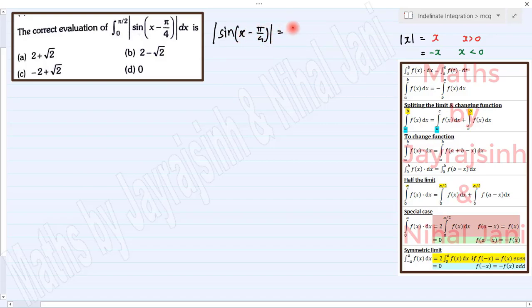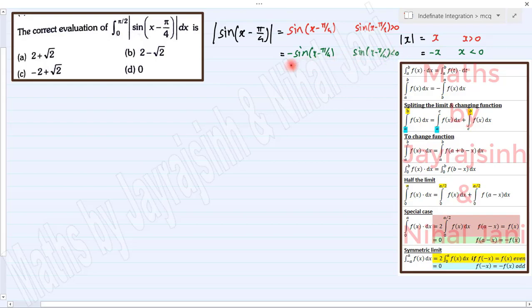So we can say it will be sin(x − π/4) when sin(x − π/4) is greater than 0, and it will be −sin(x − π/4) when sin(x − π/4) is less than 0.